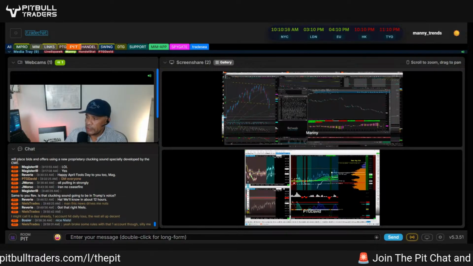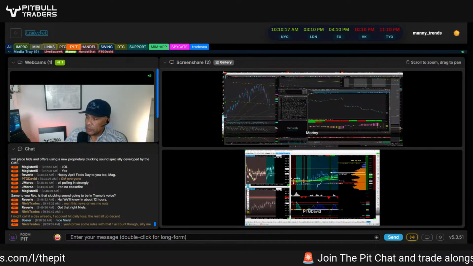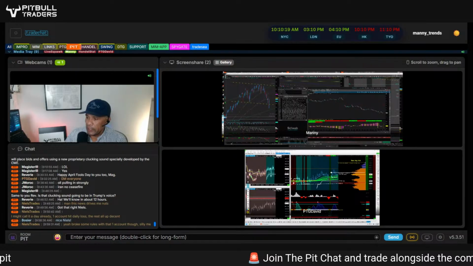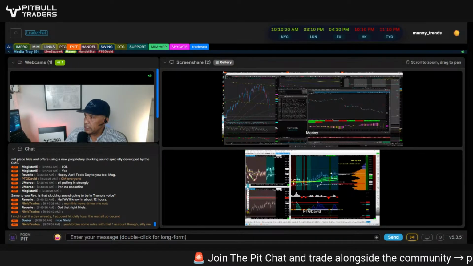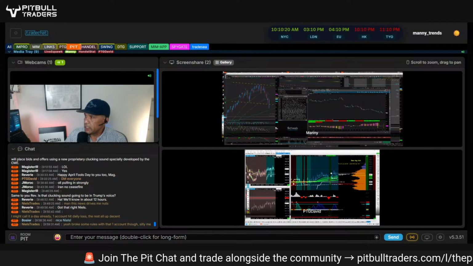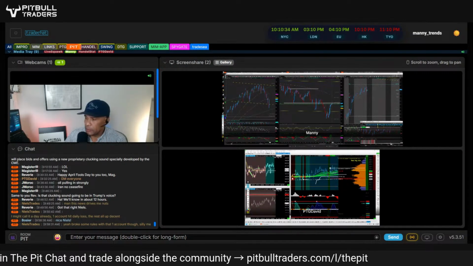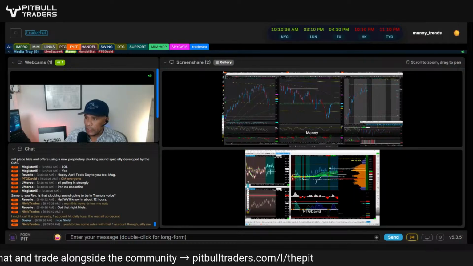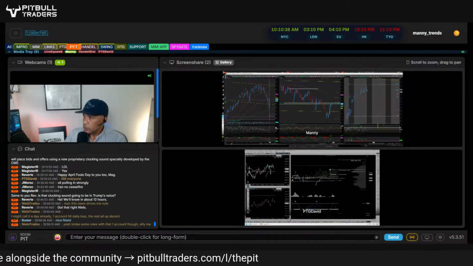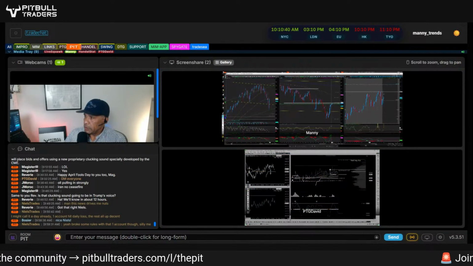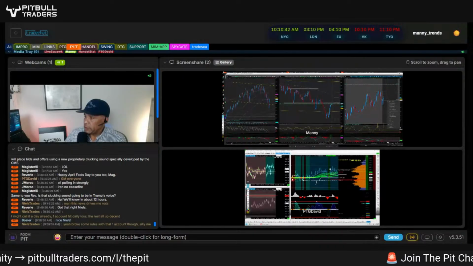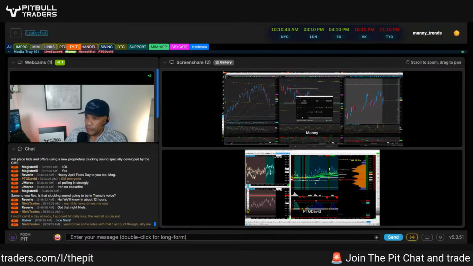From the open, the weighted AD is telling us that it's neutral to negative. Cumulative ticks are slightly green, but that's nothing to be crazy about. No conviction there.